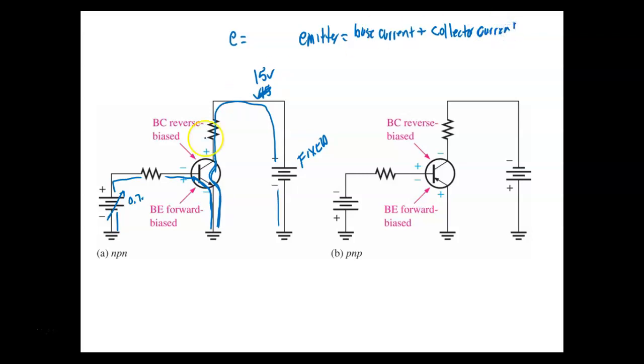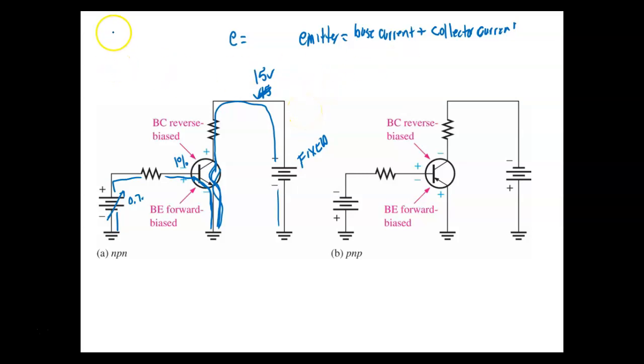And you notice I said about 99% of the current goes this way, but that still leaves what? Well, this is not leakage current. This is actually current. Leakage current is current that we're not controlling, right? We're controlling this thing. We're controlling that base current.